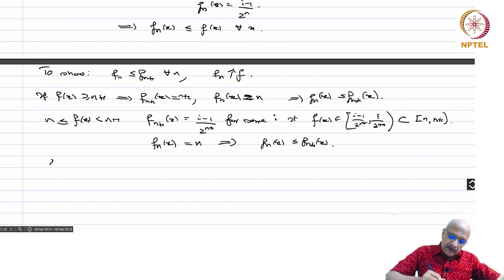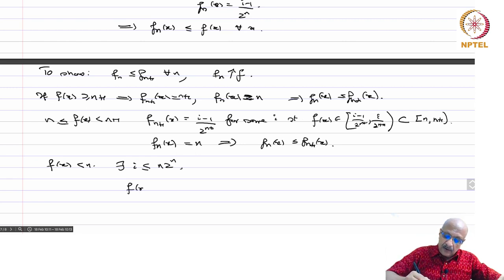Now finally, if f(x) is less than n, then there exists an i which is less than or equal to n times 2^n, such that f(x) belongs to [(i-1)/2^n, i/2^n).